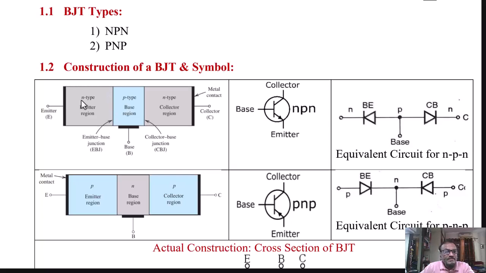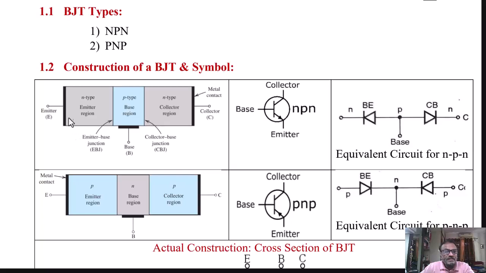One of the regions to which the terminal is connected is called the emitter. The region between the two N-type materials is called the base, and the remaining region is called the collector.